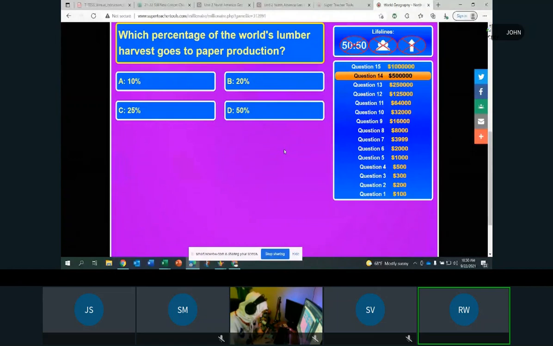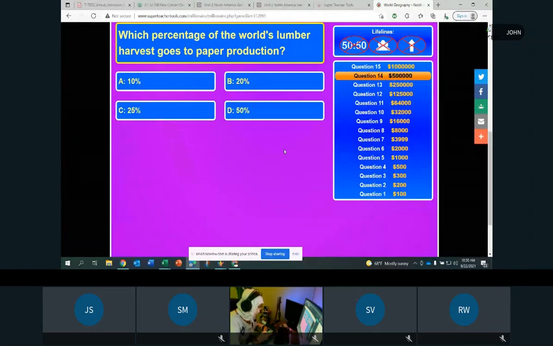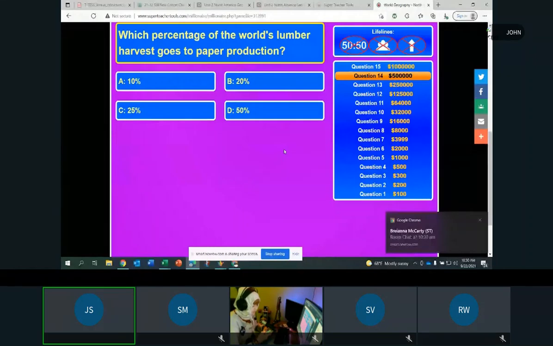Which percentage of the world's lumber harvest goes to paper production? 10%, 20%, 25%, or 50%? Well, somebody's really, really confident in C, huh?